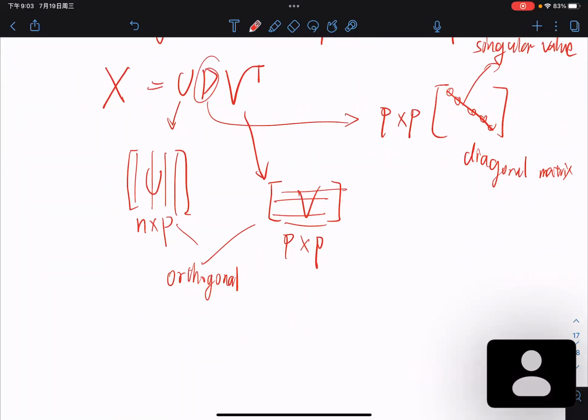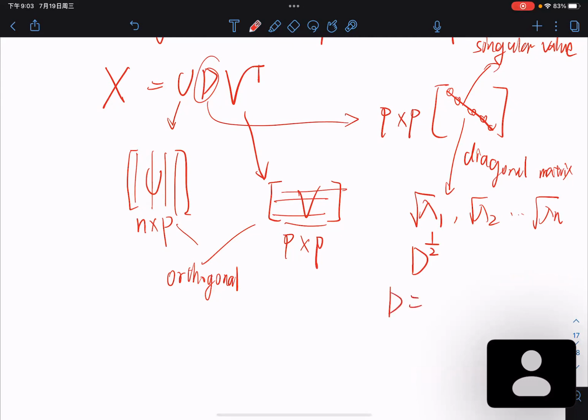And if the diagonal elements are square root lambda 1, square root lambda 2, all the way to square root lambda n, then this is D's square root, right? And then D, obviously, is going to be D to the 1/2 multiplied by another D to the 1/2's transpose.